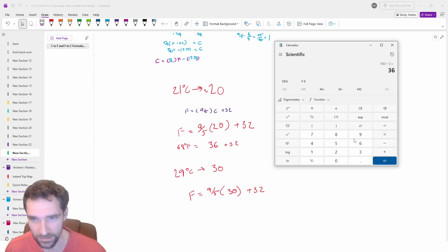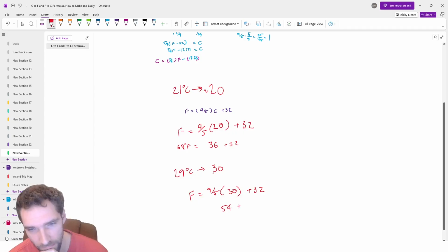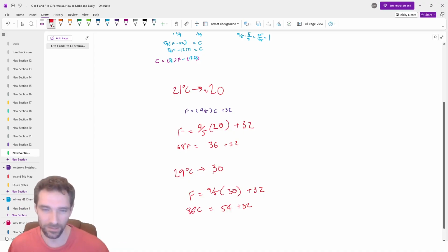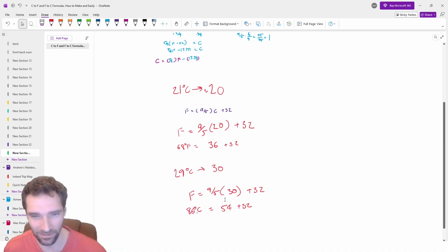In other words, I can do 9 times 30, get 270, divide that by 5, and I get 54 plus 32. So this is going to be 86 degrees Fahrenheit. So it's a fairly warm day. It's not that hot when it's 30 degrees Celsius, but 40 is pretty darn hot. That's not going to be super comfortable.